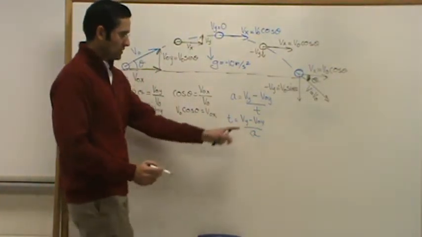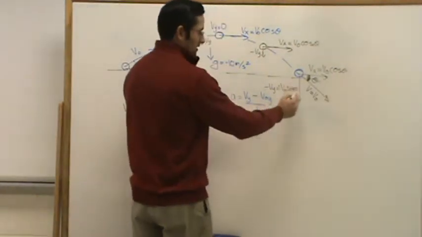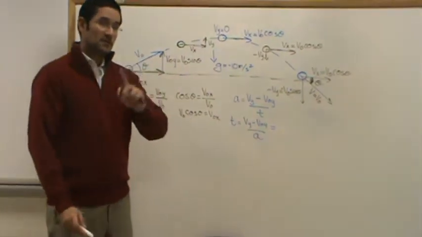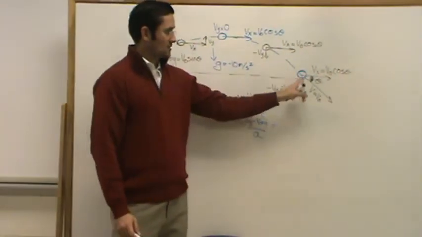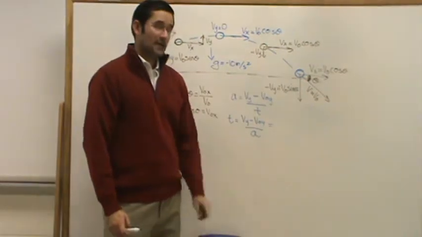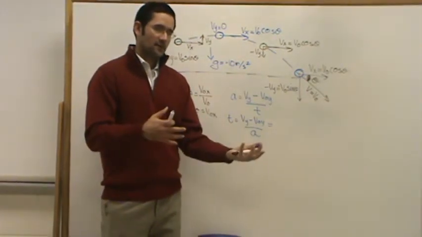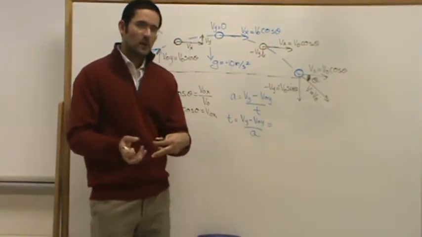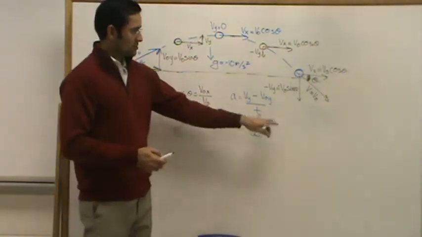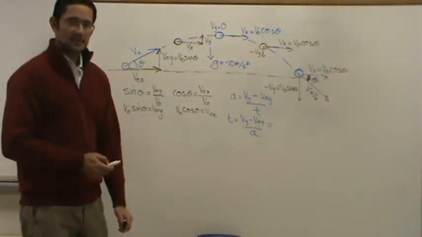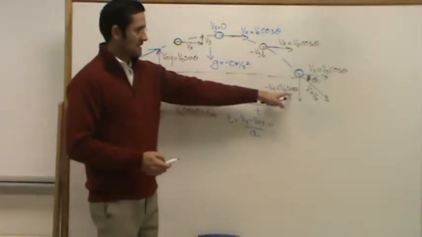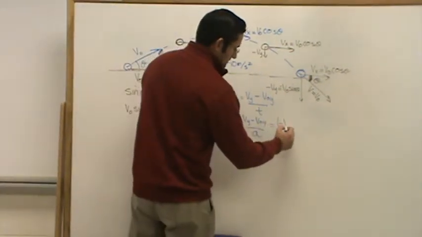What does that mean? Well, what's the final velocity? My final vertical velocity, and we're using vertical velocities, you want to stay away from the resultant velocity, and you want to stay away from mixing up variables from the x-axis with variables from the y-axis in one equation. So I'm just using the vertical axis. So the final vertical velocity is negative V naught sine theta.